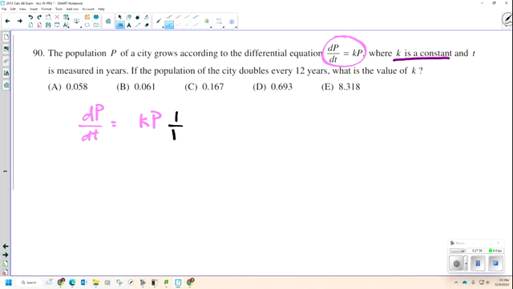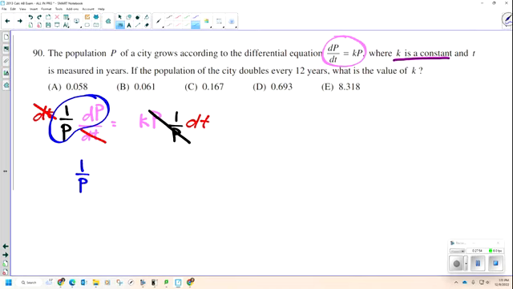So I'll multiply this by 1 over P. This goes bye-bye. I multiply this by 1 over P. The left side, I'm going to multiply by dt. So this goes bye-bye. And I multiply this side by dt. All right, so what does that leave me with?